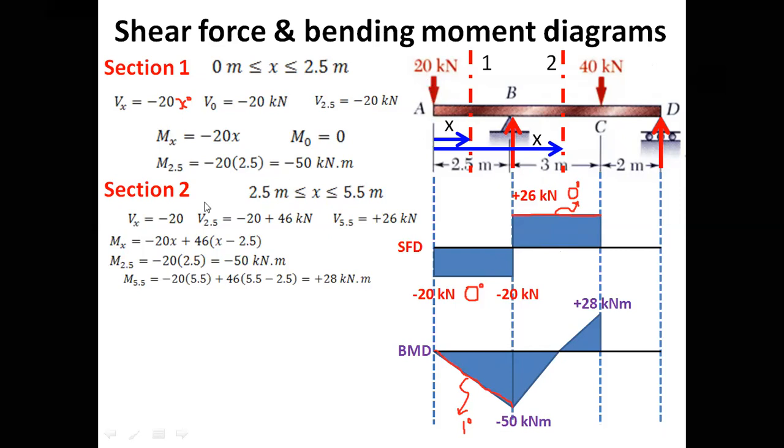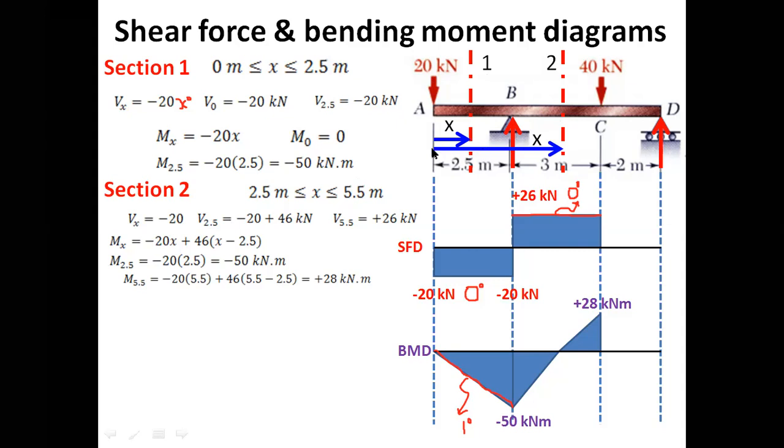So Mx is equal to, this force is producing a counterclockwise moment on the left hand side of the section, and counterclockwise must be negative. So minus 20 times the moment arm, so this is x, so 20 times x, plus 46, and this is the moment arm.